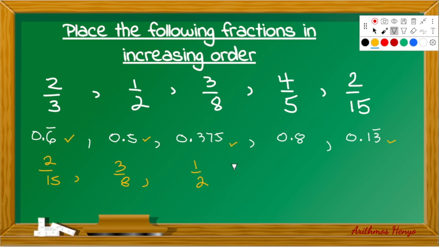Then 0.6 or 2/3. And lastly, 0.8 or 4/5. So, it's up to you to decide whether you want to rename fractions or convert them to decimals in ordering them from least to greatest or greatest to least.